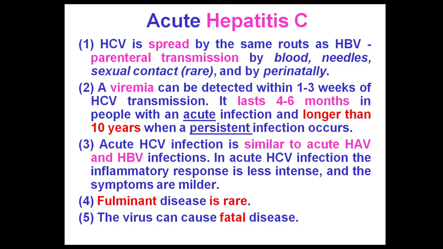Sometimes hepatitis C occurs as an acute disease, and the symptoms will be similar to acute hepatitis A or B infection. The inflammatory response is less typical and less severe compared with hepatitis B or A infection. It doesn't really cause fulminant fatal disease.